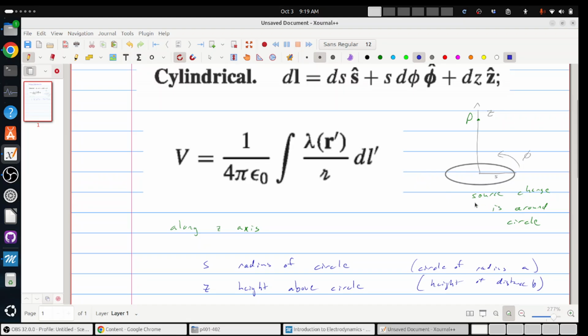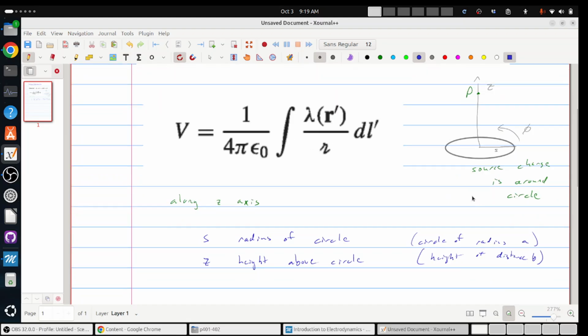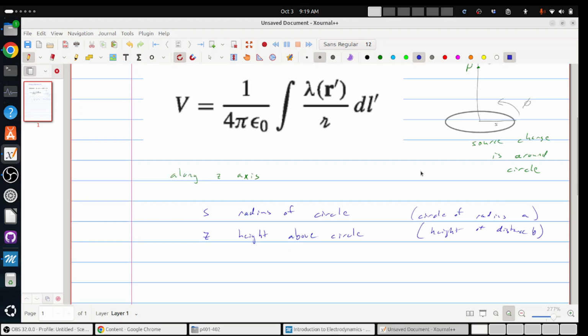Now for our source charge, we're going to use primes. The primes are along this circle, which is why we're integrating over the primed variables as we go around. To find that lambda, well, lambda is going to depend on how big our circle is. In general, it's the total amount of charge divided over the total length.